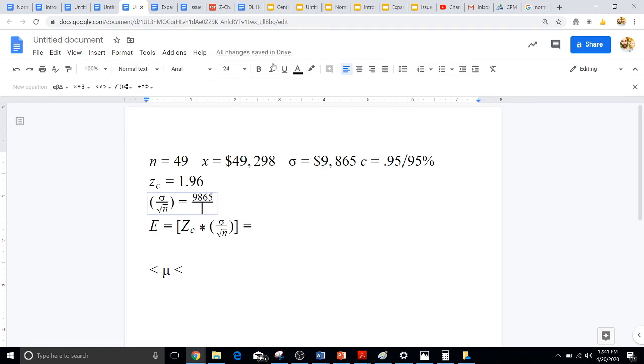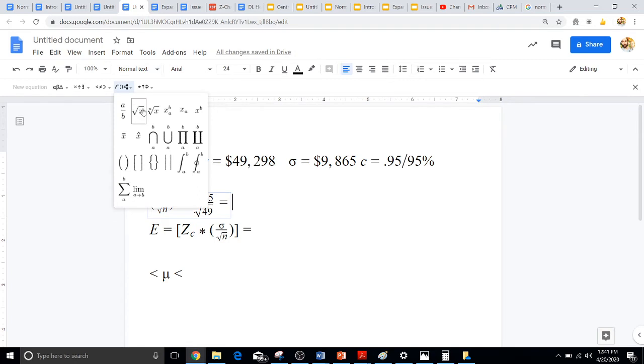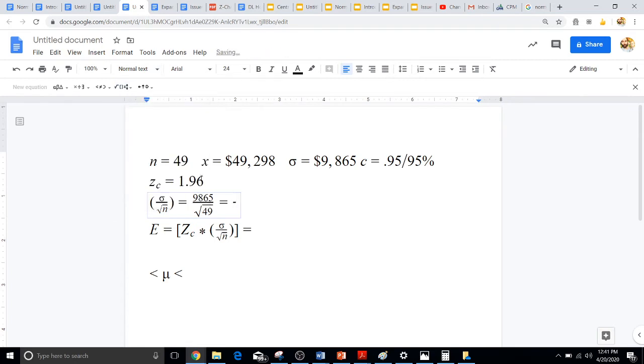And down below, we're going to have the square root of our n, which is 49. We know that the square root of 49 is just going to be 7. So let's rewrite this as 9,865 divided by the square root of 49, which we said was 7.